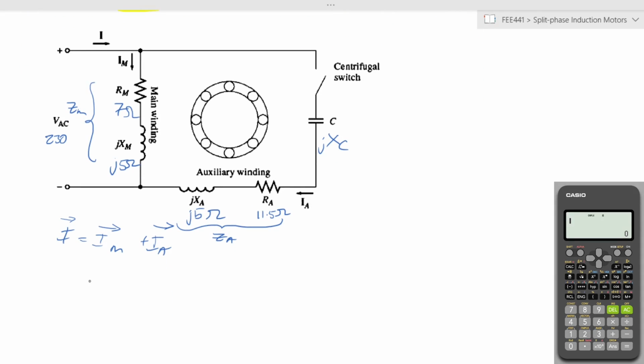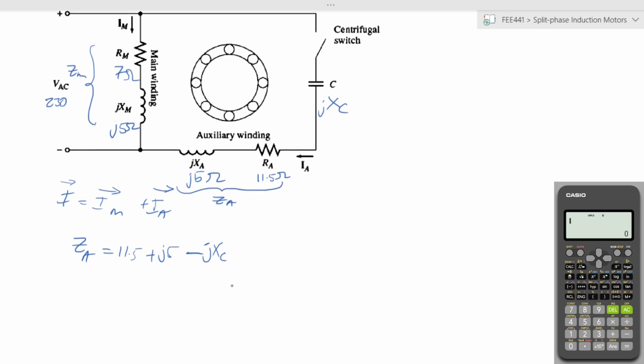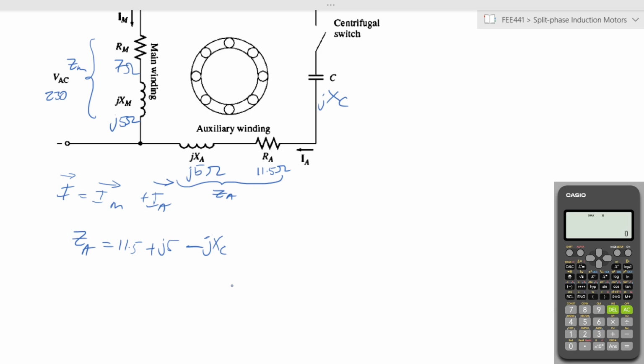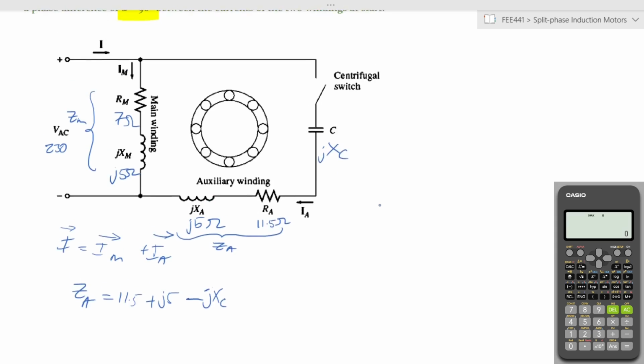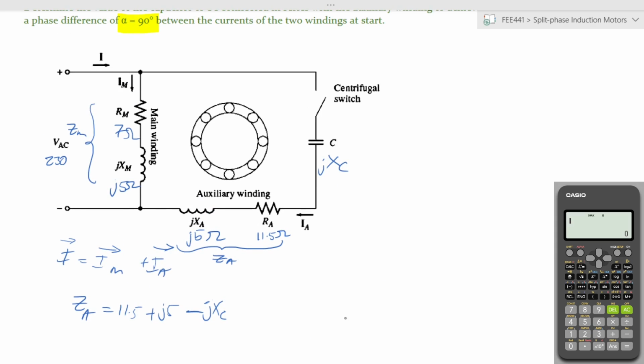In actual sense, Za is equal to 11.5 plus j5 minus, remember minus because capacitors are in the opposite direction, jXc. In order for us to look at this well, we will need to see what is the phasor diagram of this circuit.